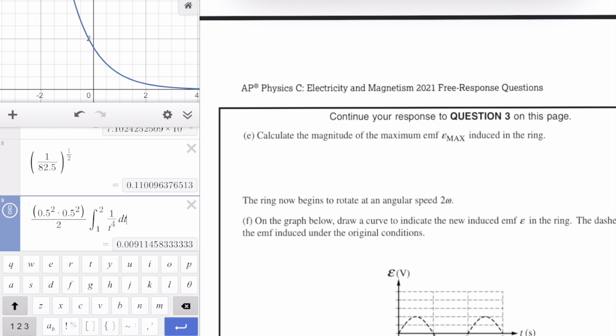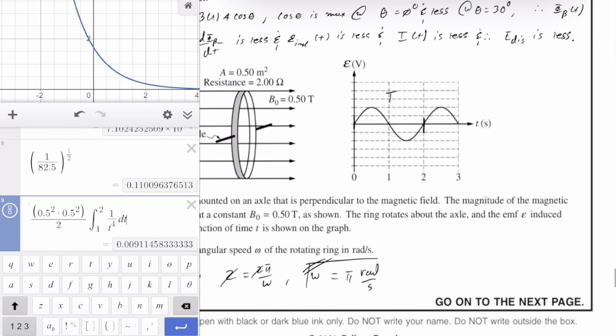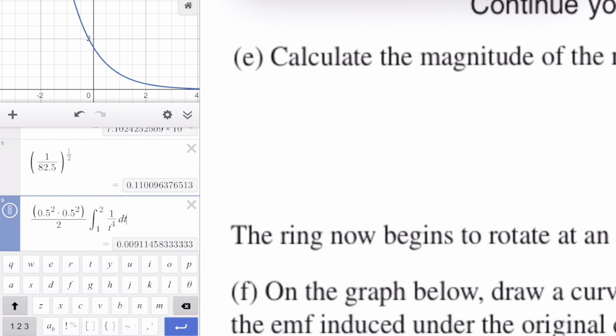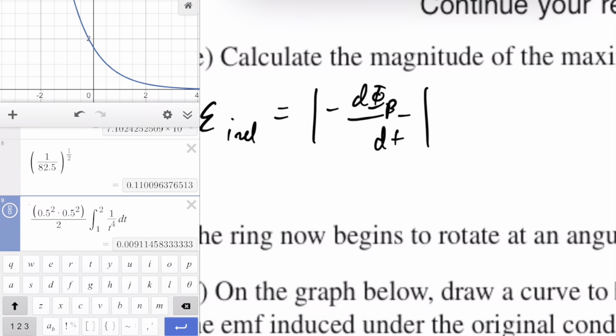Calculate the magnitude of the maximum EMF induced in the ring, Emax. So they want us to find basically this one, because they're all the same value. So we're going to think, right? The angular speed is in rad per second. Actually, I'll go to that later, but the induced EMF is equal to the negative derivative of flux by Faraday's law, right?